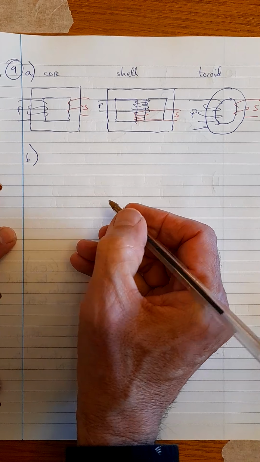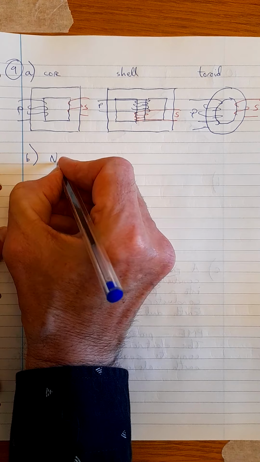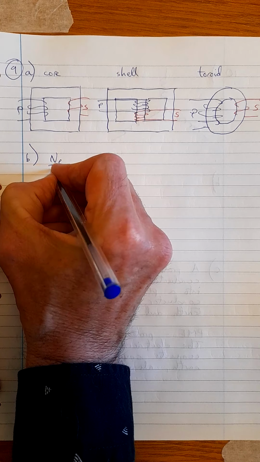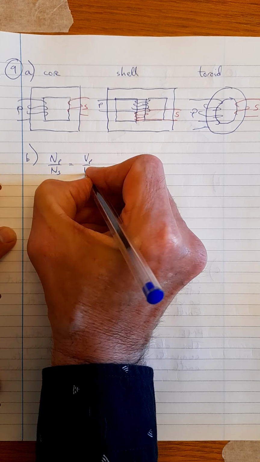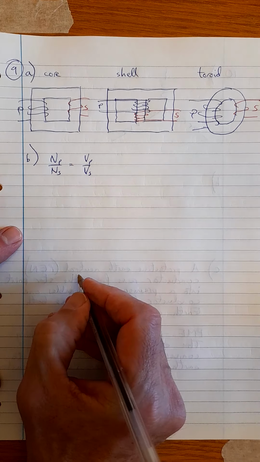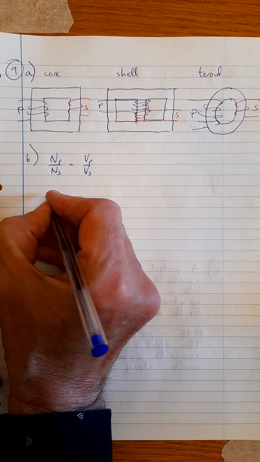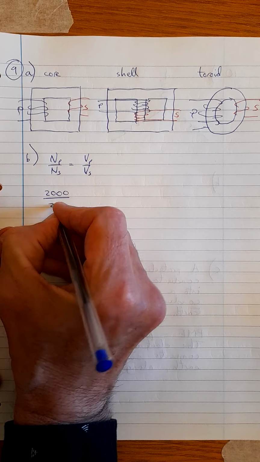Part B, we're into calculations. And you've got to find the secondary voltage, and you need the transformer formula. NP over NS is VP over VS. You could use the ratios at this point, but I'll work through using the numbers that were given. 2000 turns and 200 turns.